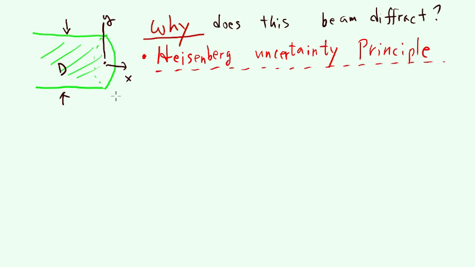Let's consider the y-axis only for the time being. So what does the uncertainty principle by Heisenberg tell us? It says delta y, delta p_y is greater than or equal to h bar.